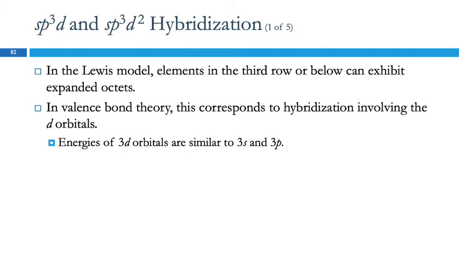It doesn't have any electrons in the D room, but the D room is still there, sitting there with 5 beds. Because just because no one's staying in a hotel room doesn't mean it disappears, right? Just because there's no electron in an orbital doesn't mean it doesn't exist. So the 3D orbitals are going to be similar in energy to the 3p and the 3s. They're on the same floor, after all, and so we can include those in our hybridization.